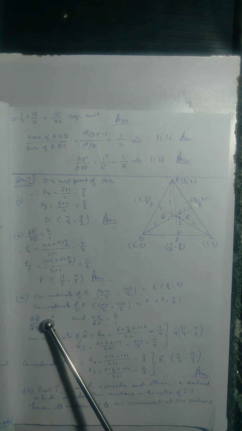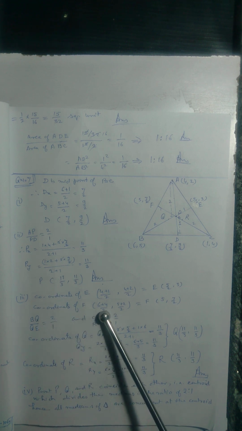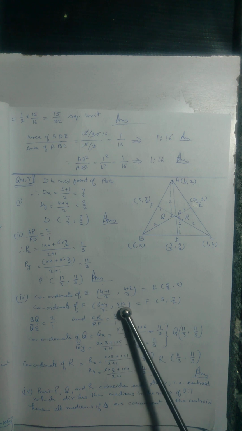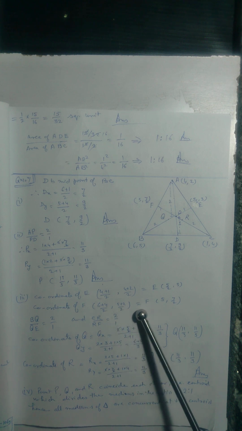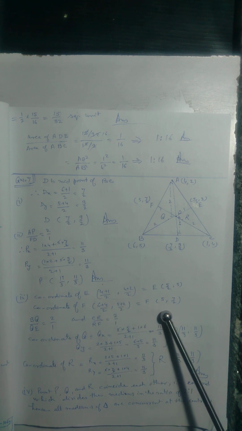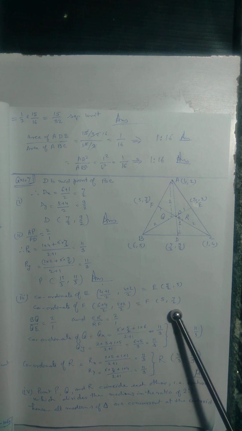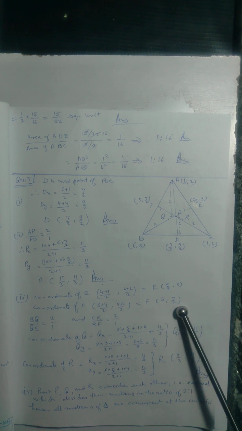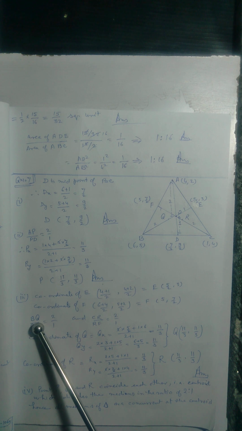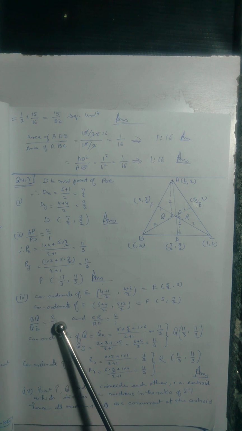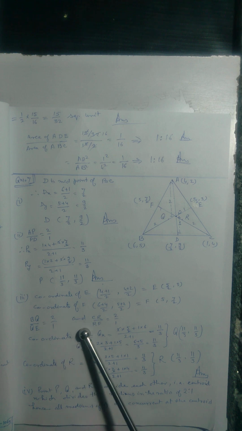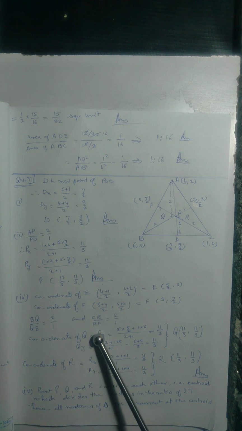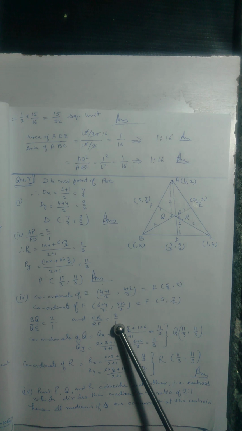So the coordinate of F will be equal to (6 + 4)/2, (5 + 2)/2, that is 5 comma 7/2. BQ by QE is given 2 is to 1, and CR by RF is also given, that is 2 by 1.